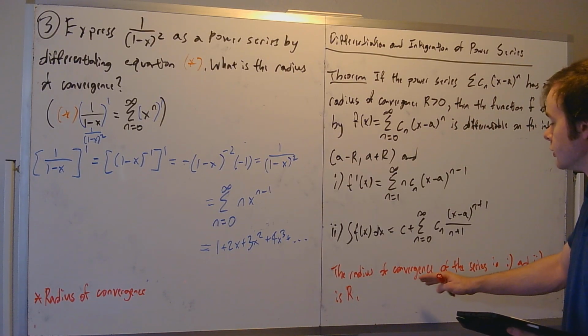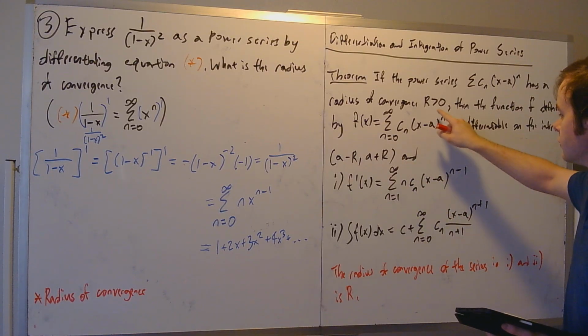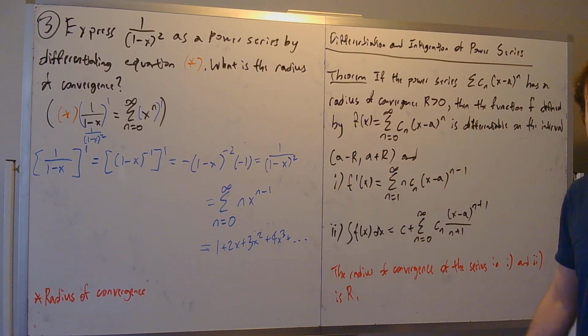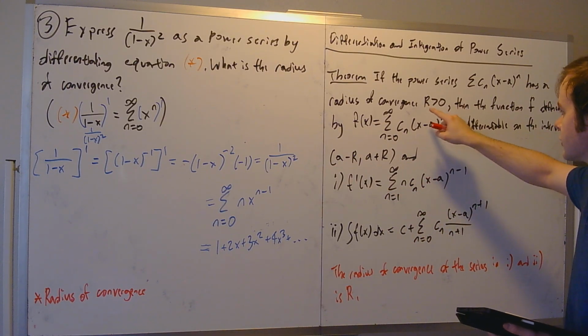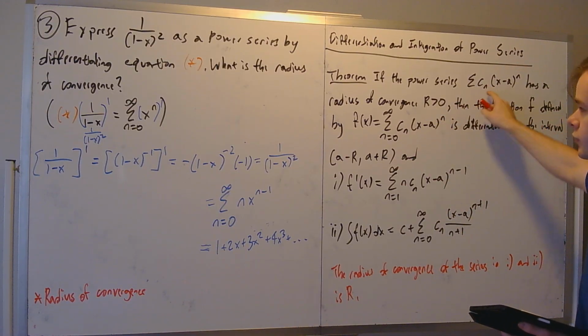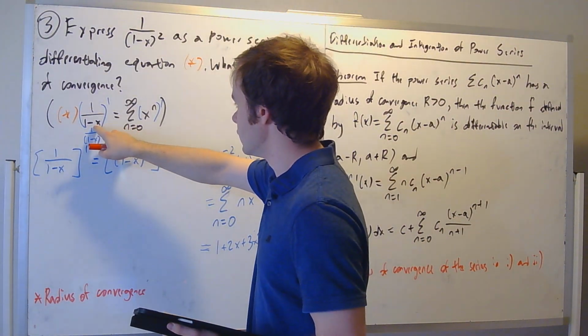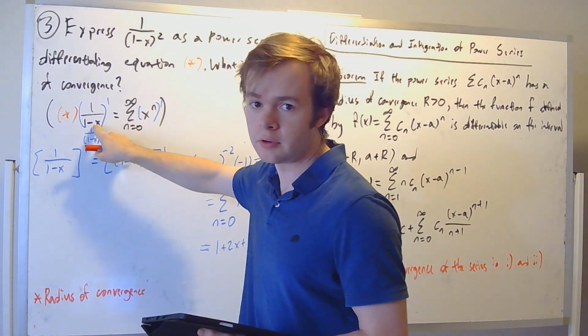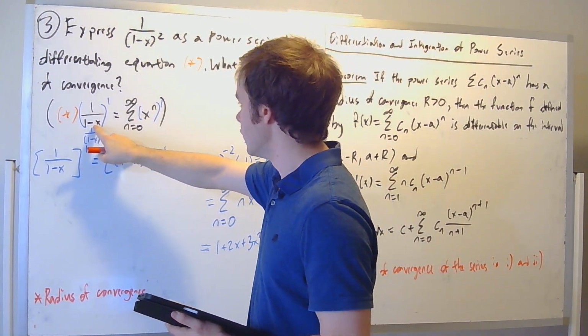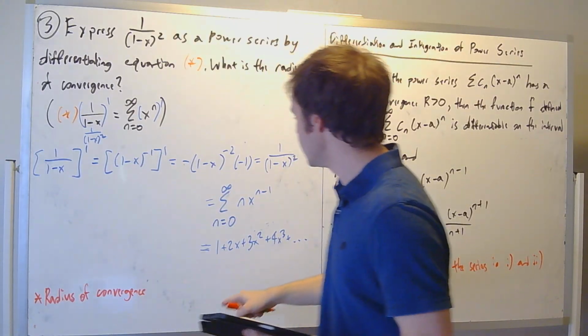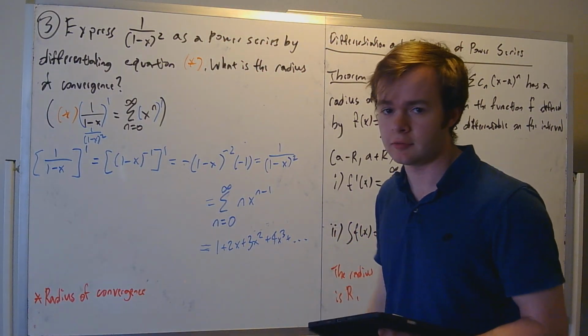I said it in words, but I should have written it down, because the way we find the radius of convergence of this derivative is we say, well, it's actually the same thing as the radius of convergence of the original function. So here the radius of convergence of the original function we said was 1. That's what we figured out, I think in example 1. And this is going to have the same radius of convergence.